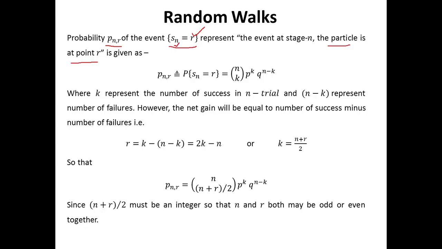P_n,r represents the probability of the event at stage n where the particle is at point r.